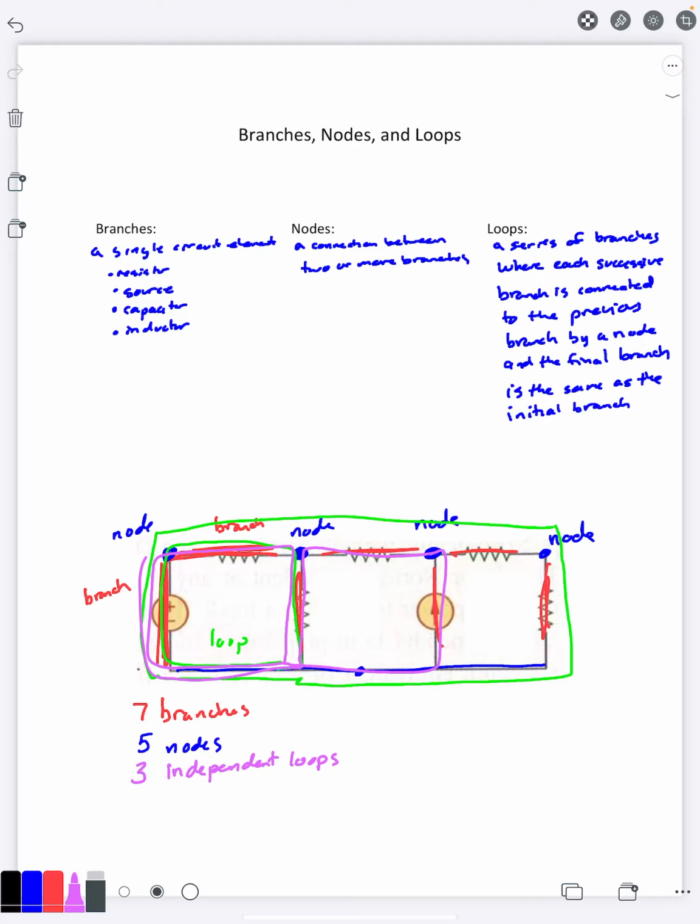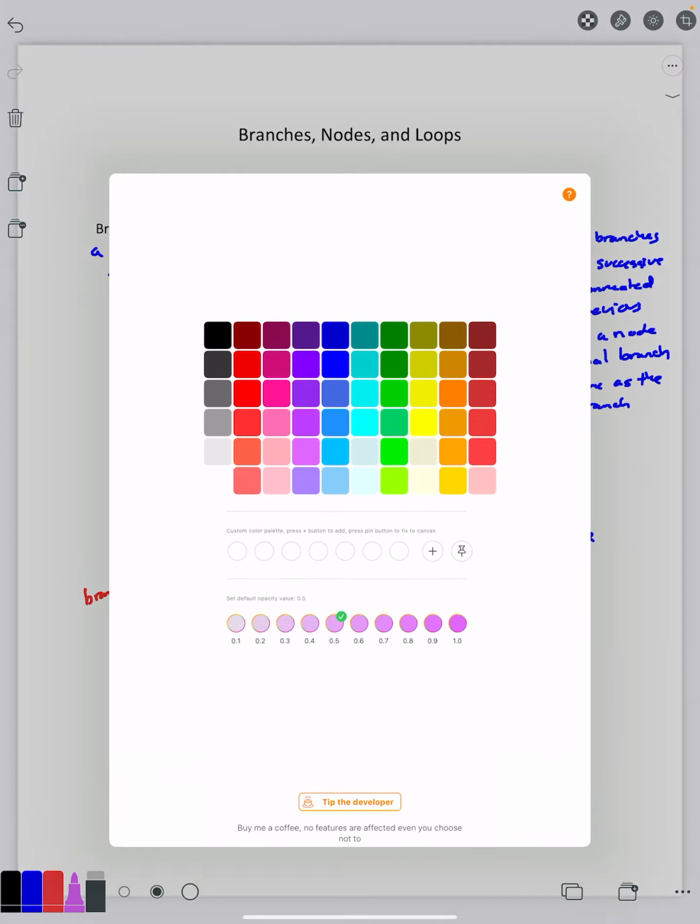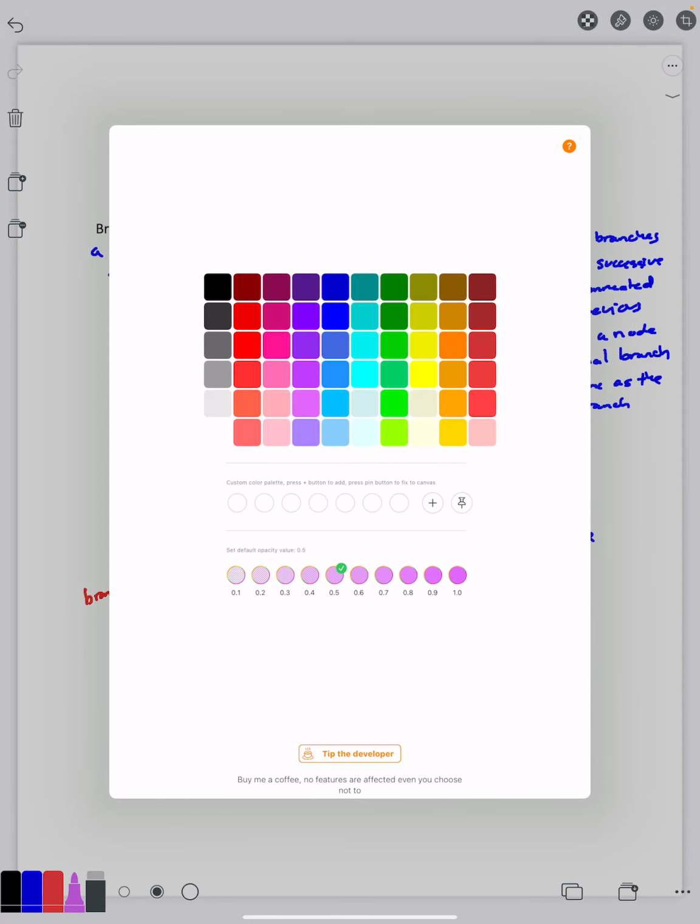And again, just like in linear algebra class, you don't necessarily have to have the same 3 elements as your basis. You can have different sets of 3. On the other hand, not every 3 loops would form a basis here. So let me show you 3 quick examples that would work nicely.